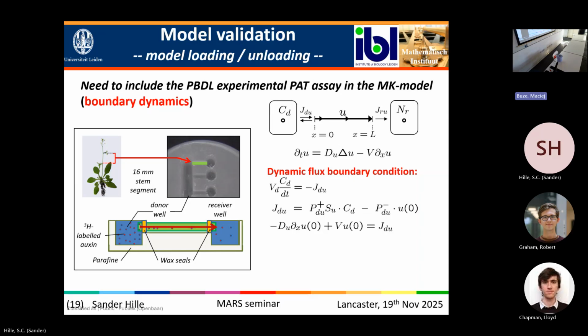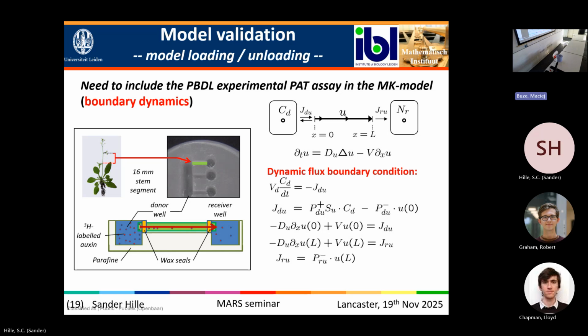In the end, it turned out simple. In the advection diffusion equation, you have the boundary condition that you usually have on one side, the diffusion and the advection. And what you say is that the diffusion advection at this end is precisely what can go through the barrier here, and the flux through the barrier is a kind of diffusion-type description, with how much can get in from this donor well and how much can get in the opposite direction, out of the stem segment.